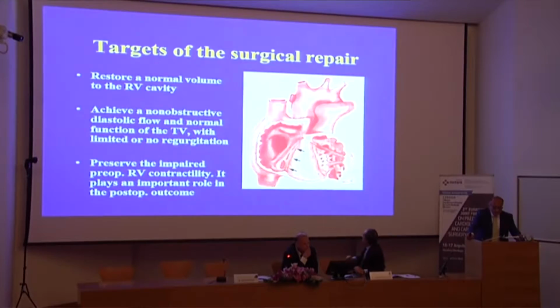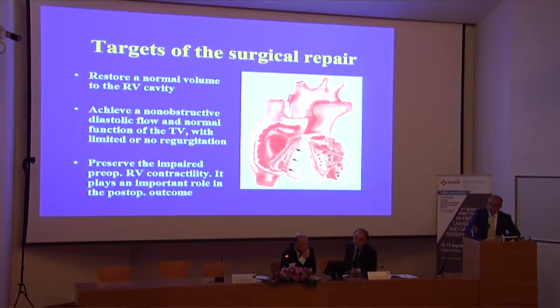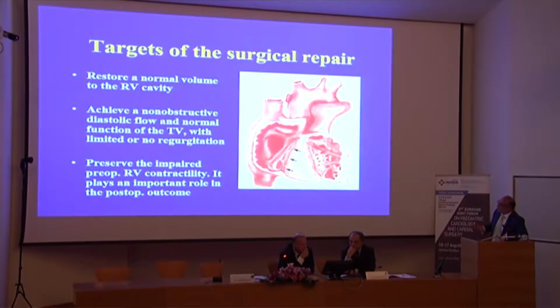Now, regarding the targets of the surgical repair, first, the surgeon has the obligation to restore a normal volume of the right ventricular cavity, achieve a non-obstructive diastolic flow, and normal function of the tricuspid valve with limited or no regurgitation.